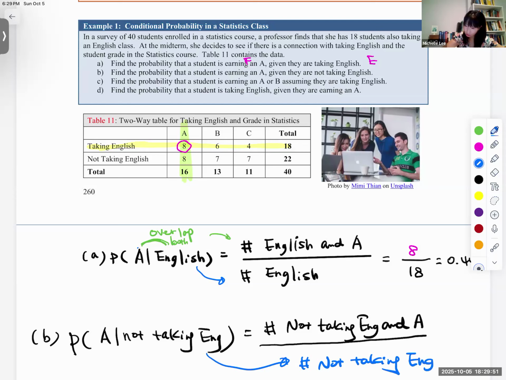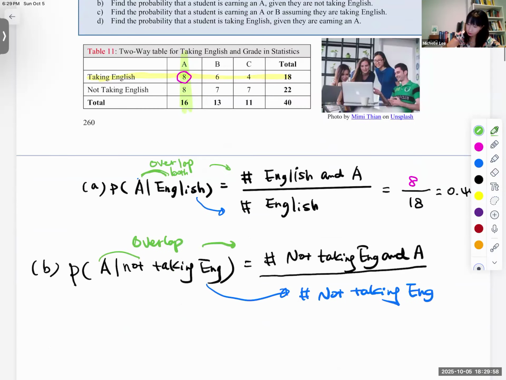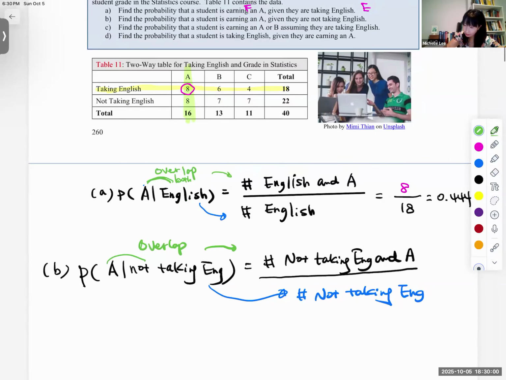For the denominator, not taking English, it is 22.